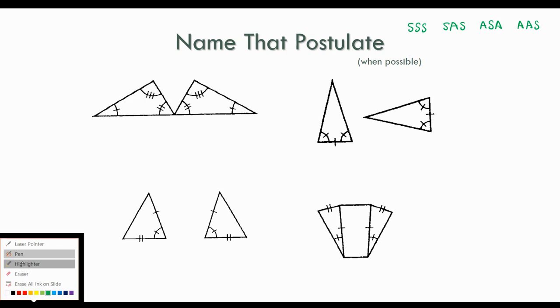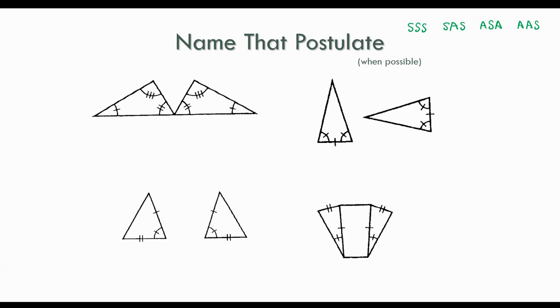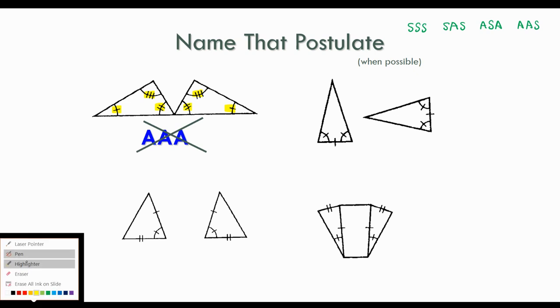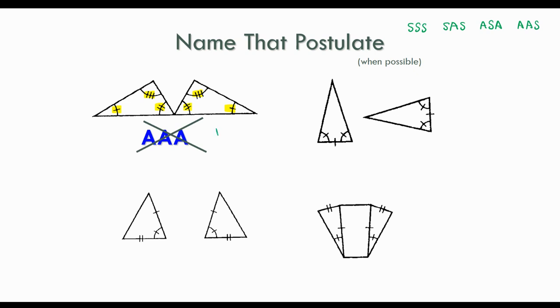So if I'm looking at my first triangle in the upper left, we've got an angle, followed by another angle, followed by a third angle. So notice that that's angle, angle, angle. That is not one of those ways that I can prove the triangles congruent. So once again, this one is not possible.